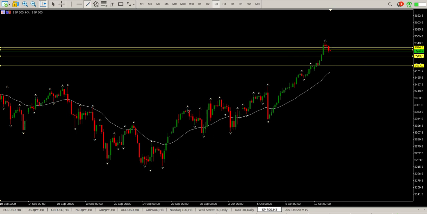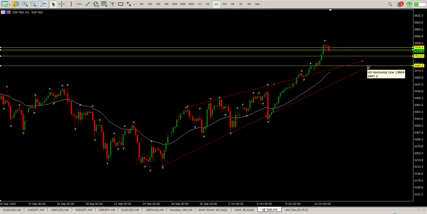One other thing that we could see here is something like that. Okay, so that gives us an area of confluence here at 34.87, and let's just look at this another way. That gives us another area of confluence here as well.